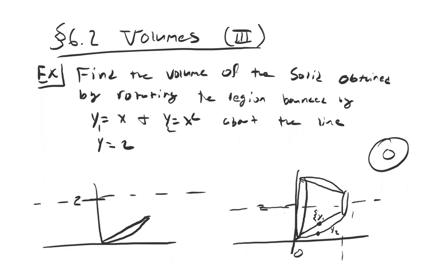Imagine I have the distance from here to here, and then I subtract off that distance. That'll give me that height there, that y1. So what I do is I just take 2 minus y1 for radius 1 and 2 minus y2 for radius 2.